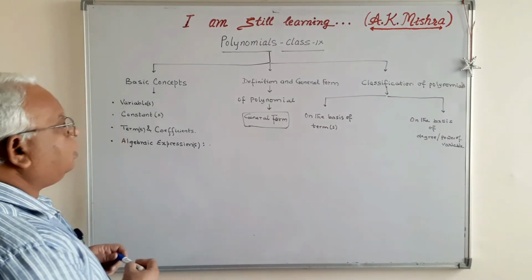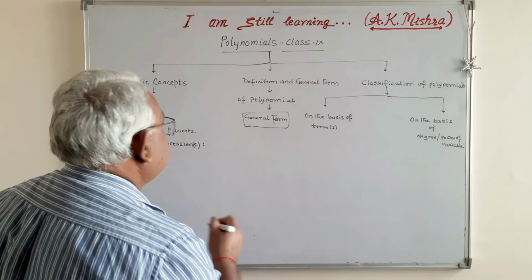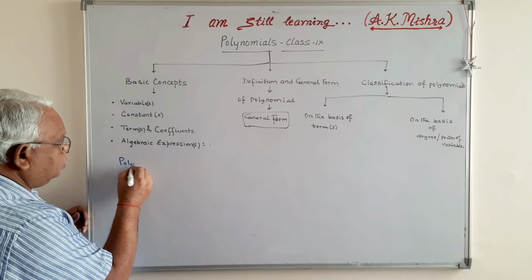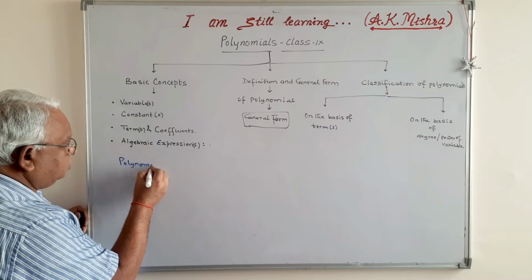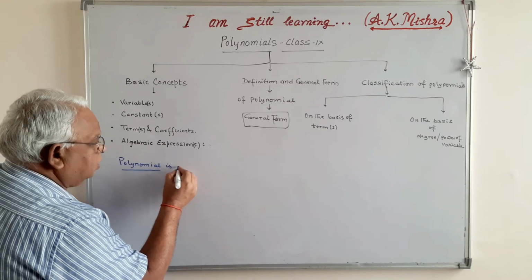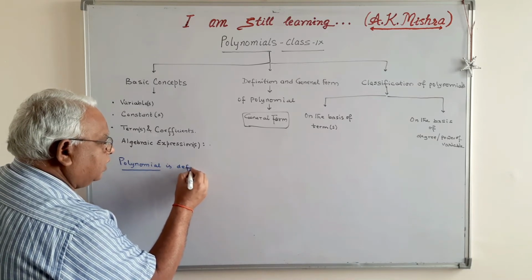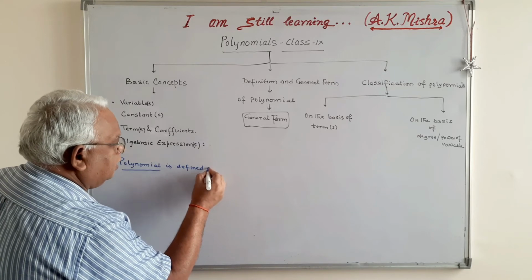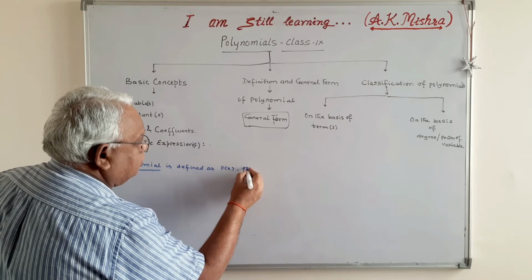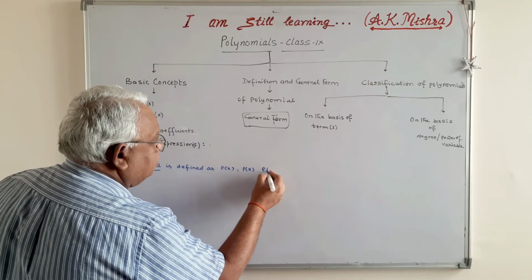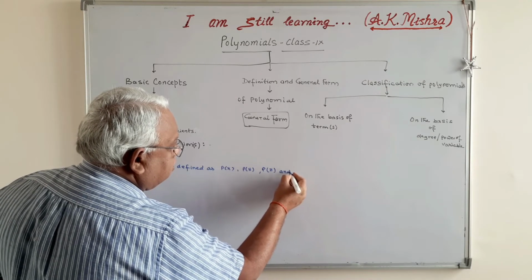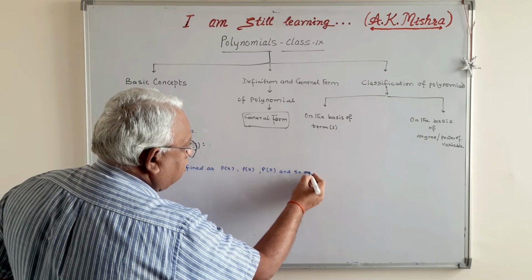When we talk about polynomial, polynomial is defined as px, py, pz, and so on.